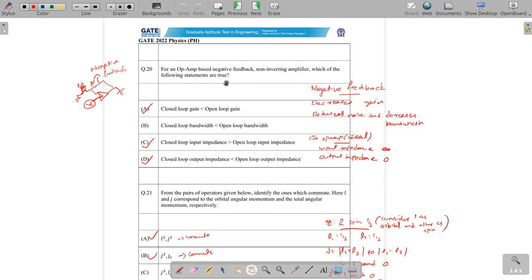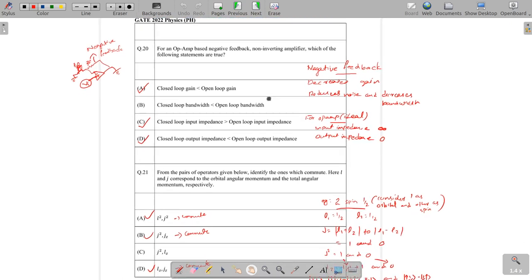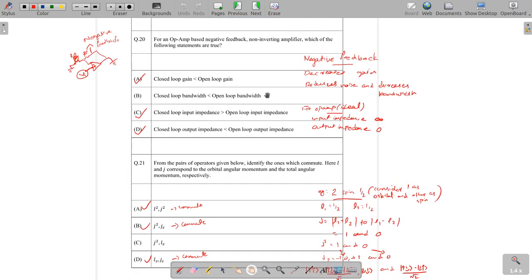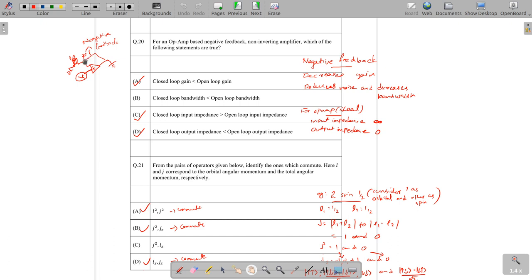Okay, so for an op-amp based negative feedback non-inverting amplifier, which of the following statements are true? Again, a true statement question. Negative feedback op-amp is basically you have the op-amp here. It has both inverting and non-inverting inputs.